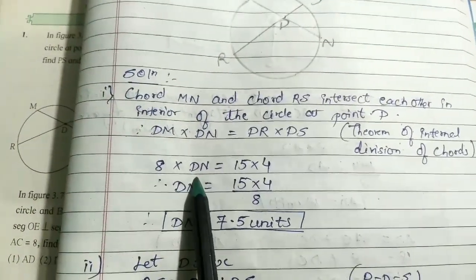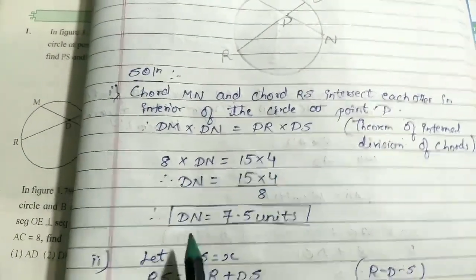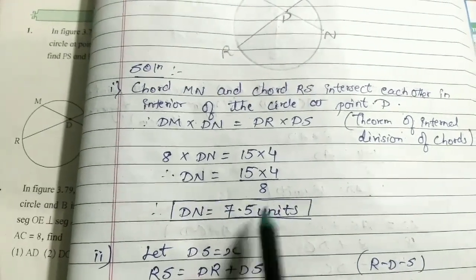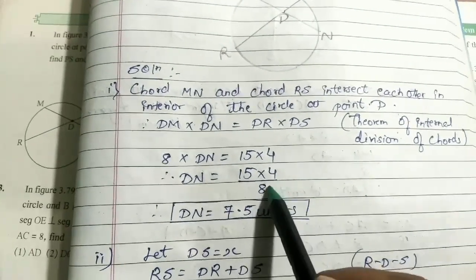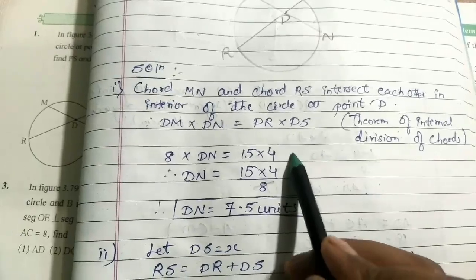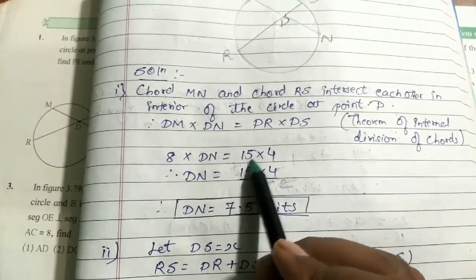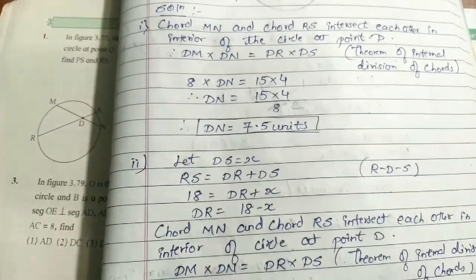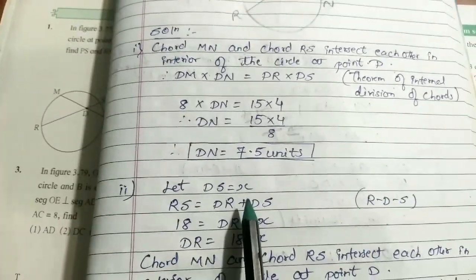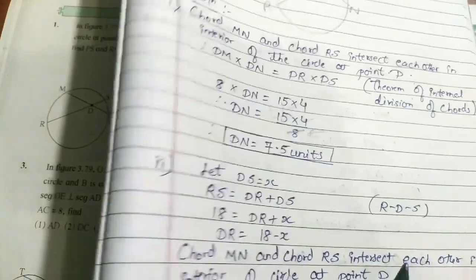So 8 into DN equals 15 into 4. So DN equals 7.5 units.